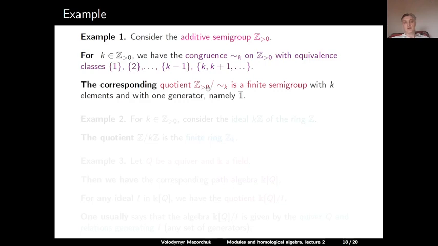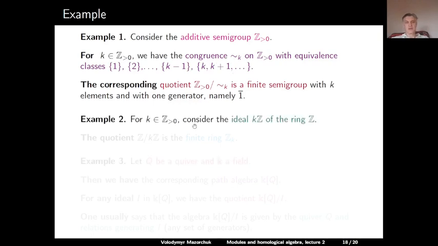And the corresponding quotient of the semigroup of all positive integers with respect to addition modulo this congruence is a finite semigroup with k elements and with one generator, which is the element 1. So 1 plus 1 is 2, and so on. If we do it k times, we get this element, and this is a zero element, because if we add this element to anything in this semigroup, we get this big element back.